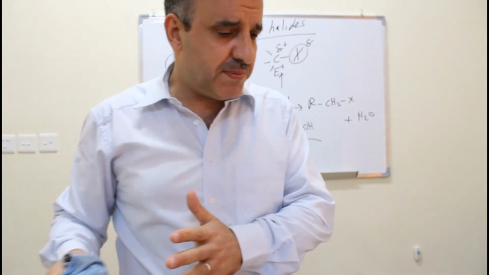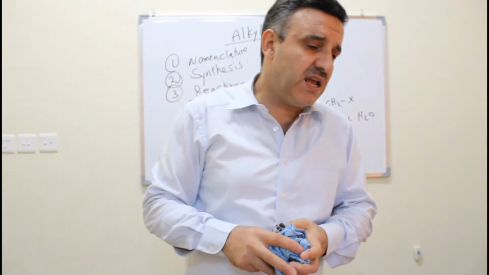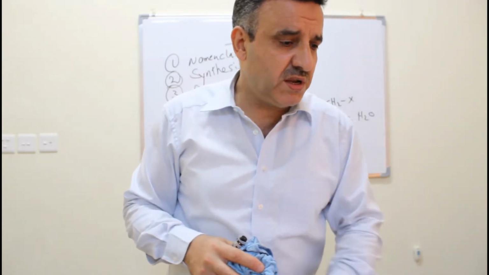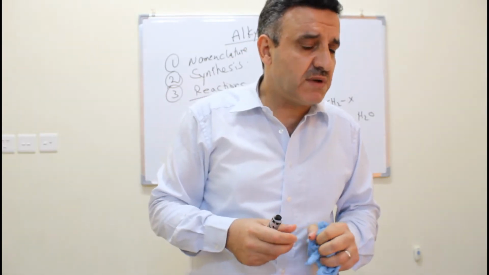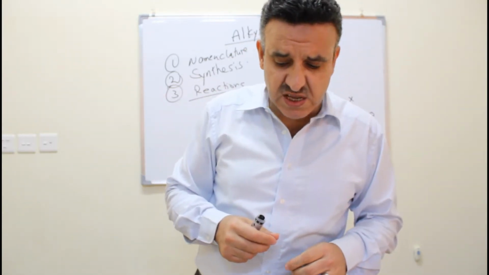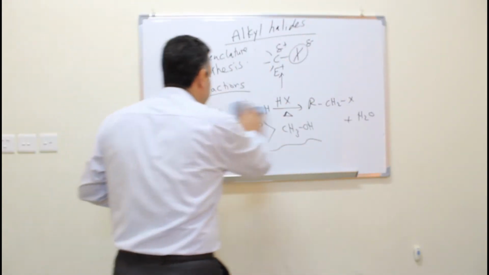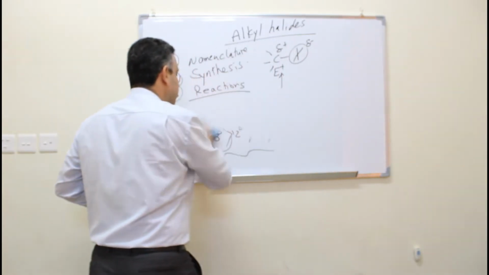If we need to prepare, for example, primary or secondary or methyl alkyl halide, then it's better to use the next method, which is method E in the slides, which is either to use phosphorus tribromide or to use thionyl chloride if we need to prepare alkyl chloride.